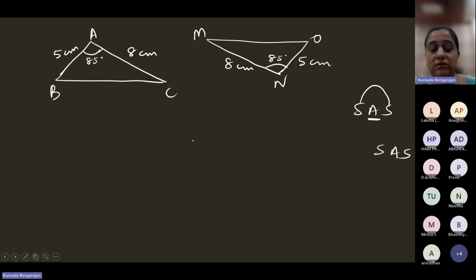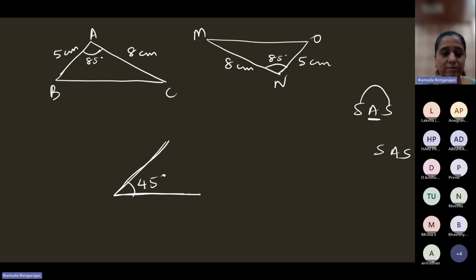Now we know that an angle has two arms. When we mark an angle like this, say 45 degrees, these are the two arms of the angle.